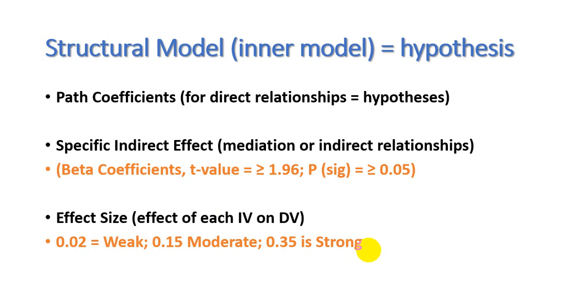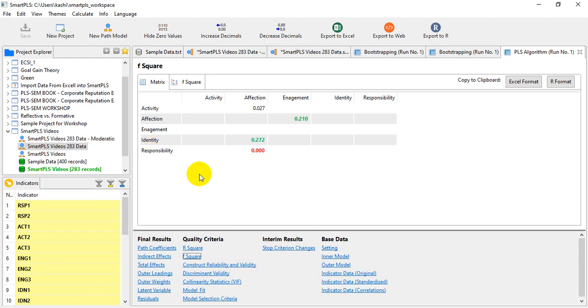Okay, so let's go back and take a look at our F square values. According to this, activity has 0.027 effect on affection, which means it is weak, just above weak, but still considerable. Affection has 0.210 effect size on engagement, again above 0.15, which is moderate. The same is the case with identity.